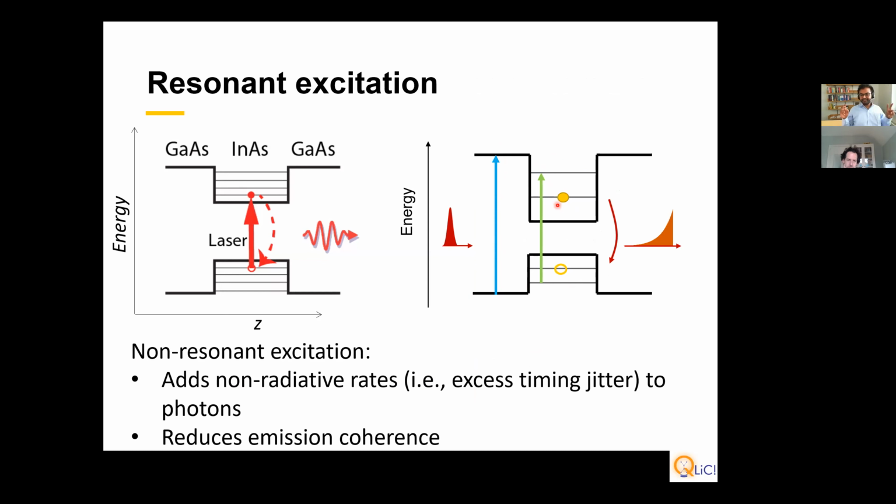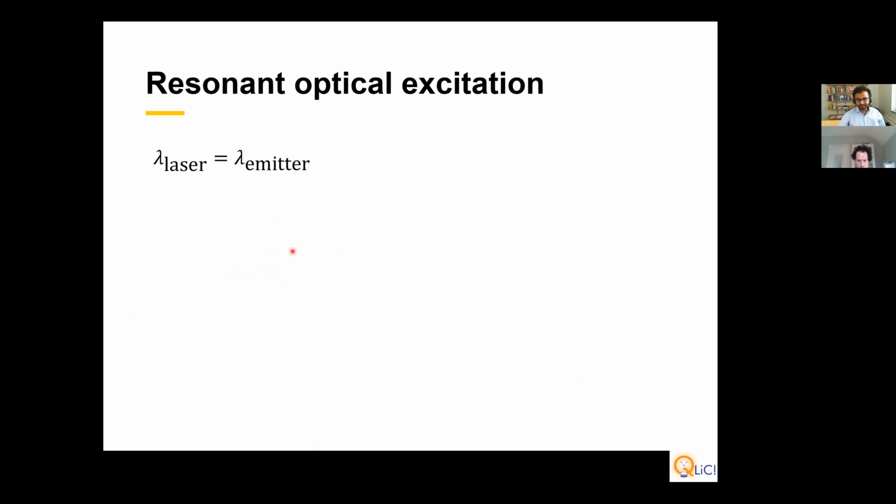Think about this: if there is jitter, you Fourier transform it, and it's going to come up in its spectral line shape, and we do not want that. That's part of the reason why we choose to do exact resonant excitation, which means that the laser is exactly resonant with the single photon emission. Now this makes our life a little challenging.